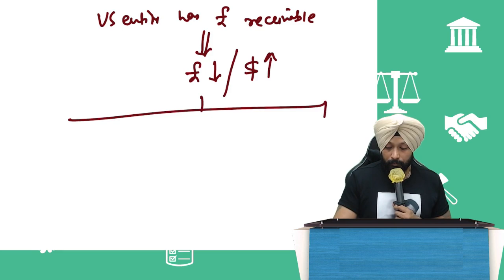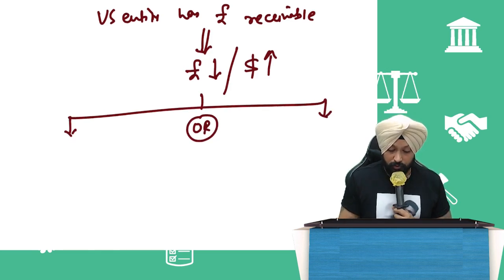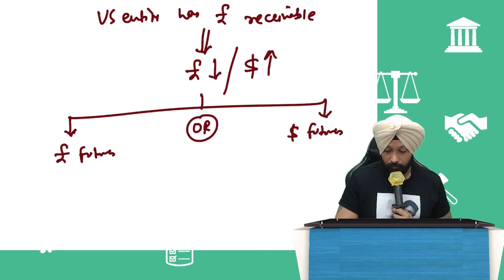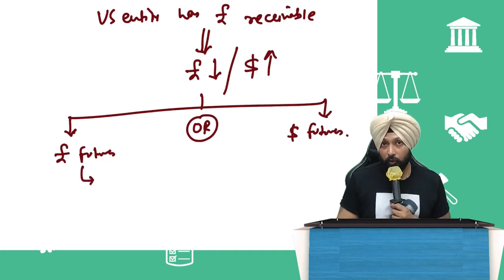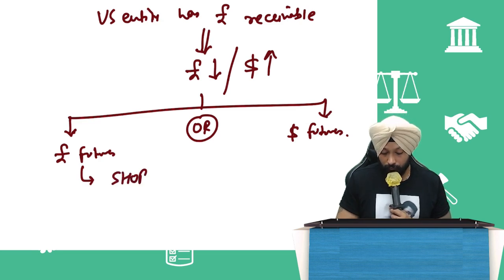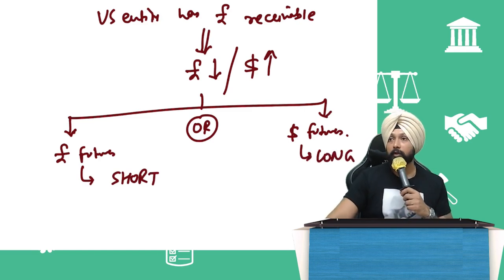In the sum, one of these two will be given. They won't ask you both. There is no sense in asking both. Either pound futures or dollar futures. What are you worried about? Pound going down. Do something so that if the pound goes down, you still make money. Go short. What are you worried about? Dollar going up. Do something so that if the dollar goes up, you still make money. Go long.